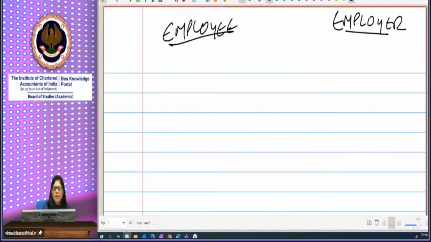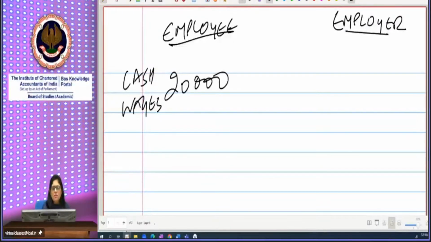See, whatever you are paying to the employee, and what is the cost to the employer. The employee is being paid cash wages, for example, 20,000. So we are paying 20,000 in cash to the employee. This is the earnings and also the cost to the employer.